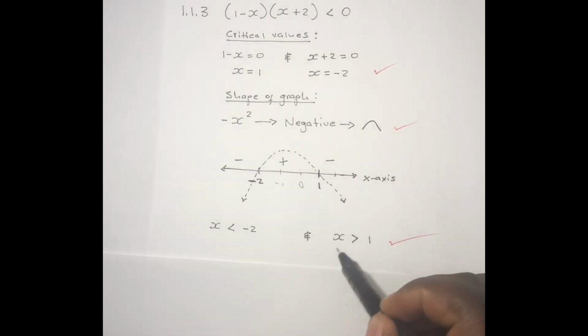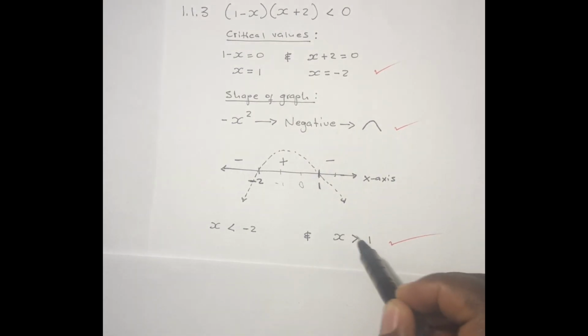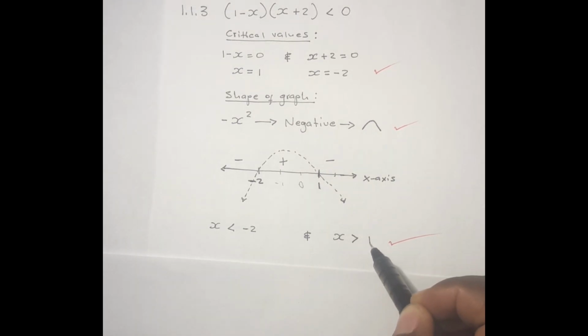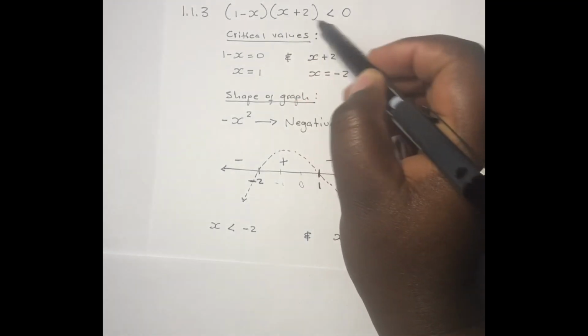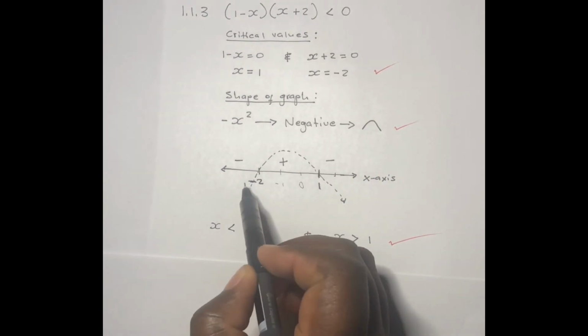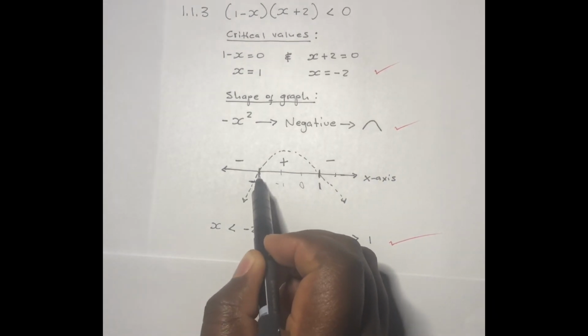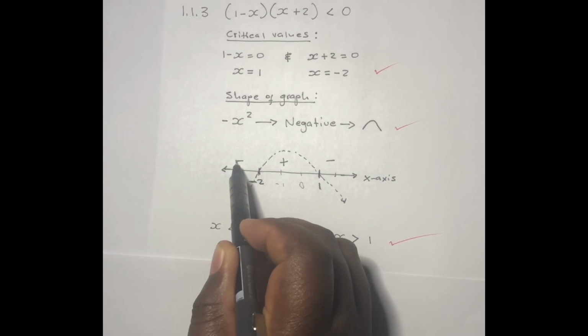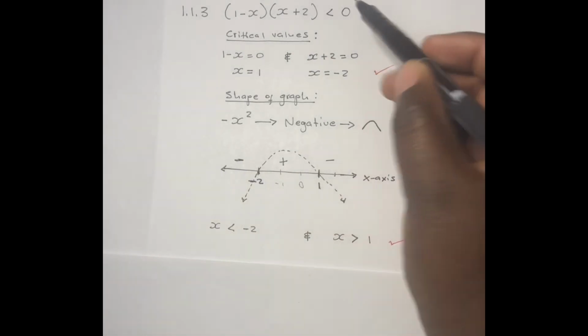And again, where x is greater than 1, you get values which are less than 0. So if you can check, from -2 going in that direction, we get negative values which are less than 0.